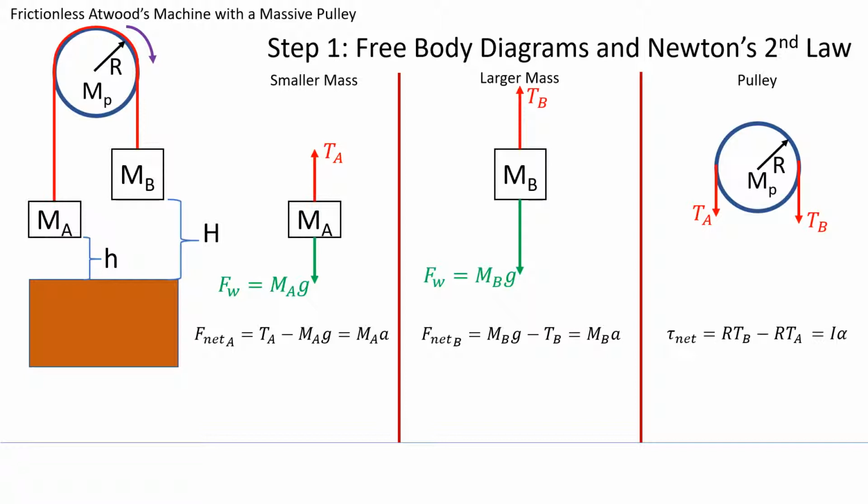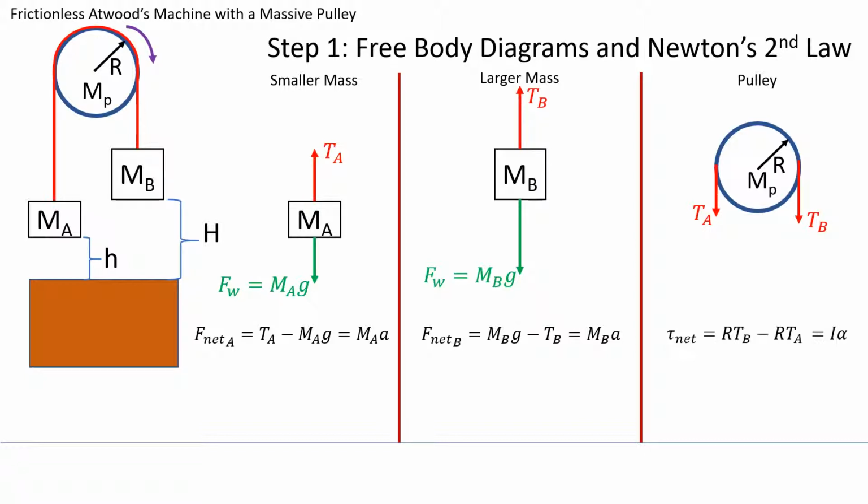So the moment of inertia is analogous to mass, and the angular acceleration is analogous to the linear acceleration. And for a torque, the definition of a torque in terms of a force is r cross F in terms of vectors, and in this case the forces are both tensions.